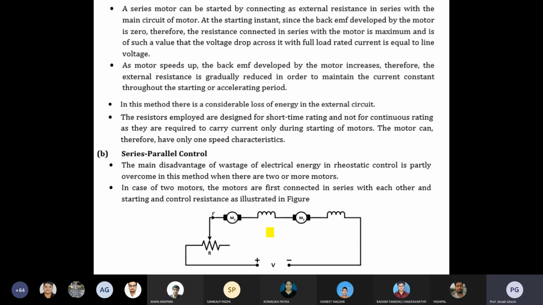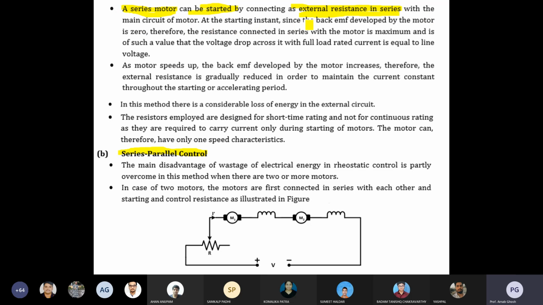Then series parallel operations will also be there. Before going to the series parallel operations, I am just telling you the main important points. A series motor can be started by connecting an external resistance in series with the main circuit of the motor.